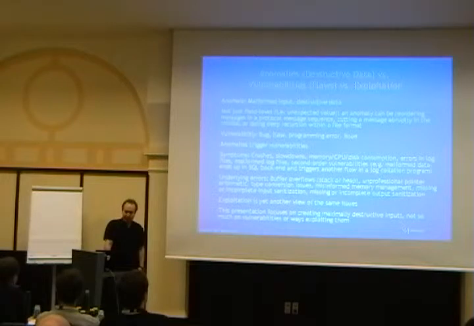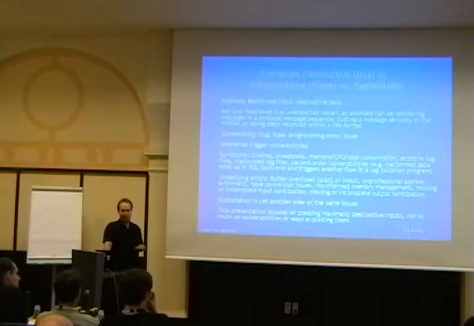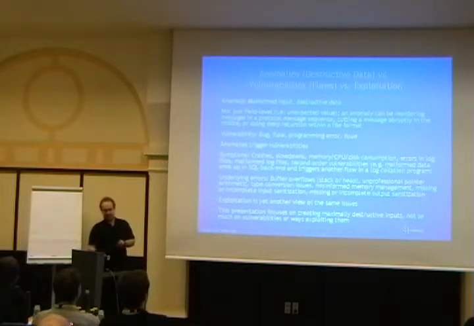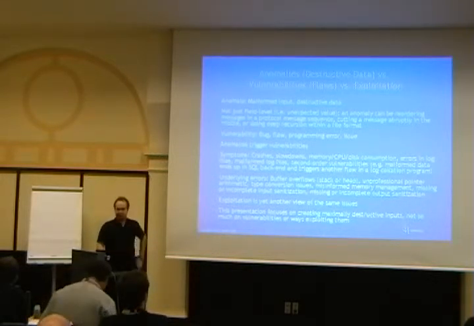Now, when we talk about destructive data and anomalies, the inputs that you use to attack software, the vulnerability is the underlying condition. It's the bug, the flaw, the programming error, or what some vendors call just an issue, that the destructive data is actually able to trigger.